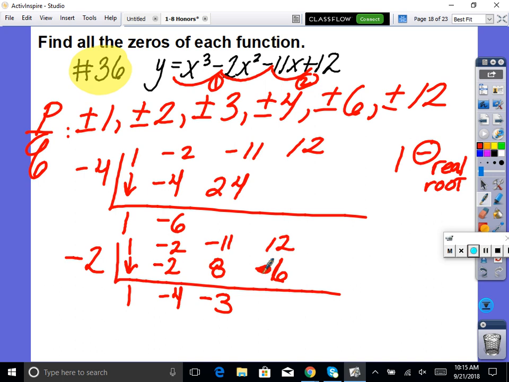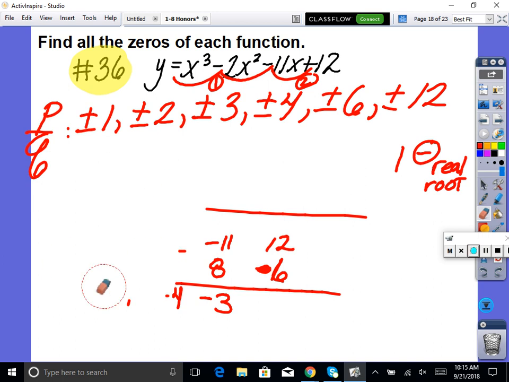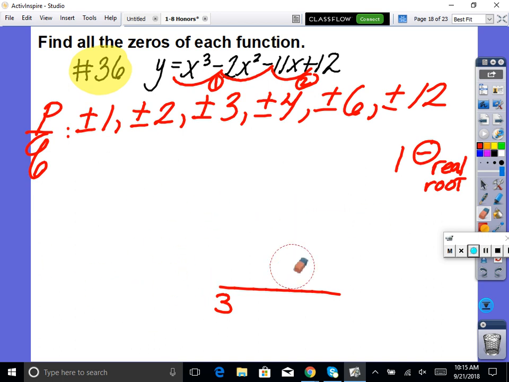Nope. So we know it's not -2 or -4. Did we try -1? Anyone?